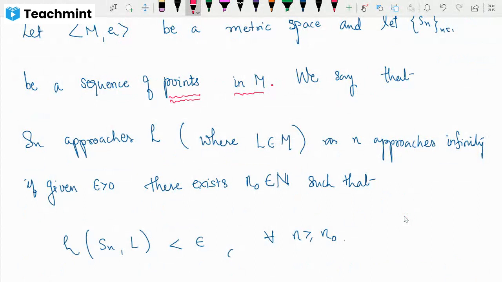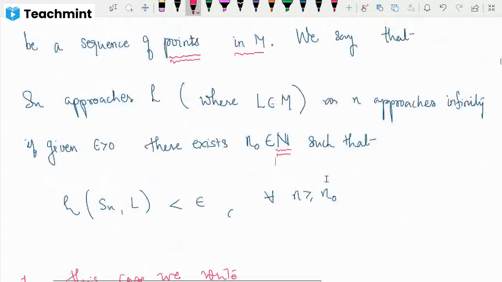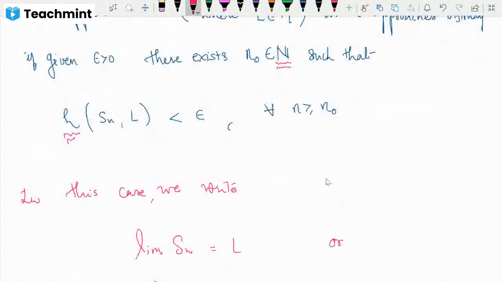So what is the definition of limit of sequence Sn is L? If for given epsilon greater than 0, there exists n0 belonging to the set of natural numbers N, it is the same definition, but in general we are taking rho instead of mod: rho of Sn and L is less than epsilon whenever n is greater than or equal to n0.